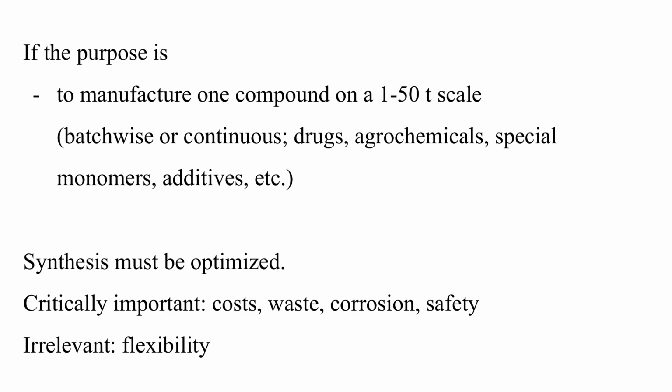The commercial production of compounds on a larger scale is, however, a different story. Here, the synthesis must be optimized, and the costs of starting materials, reagents, solvents, and waste disposal are critically important, as are safety and equipment corrosion. If less than 50 tons are required per year, such syntheses are usually conducted batch-wise in a multi-purpose plant.